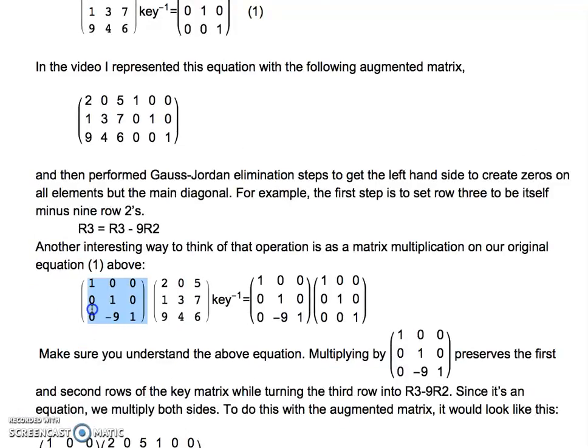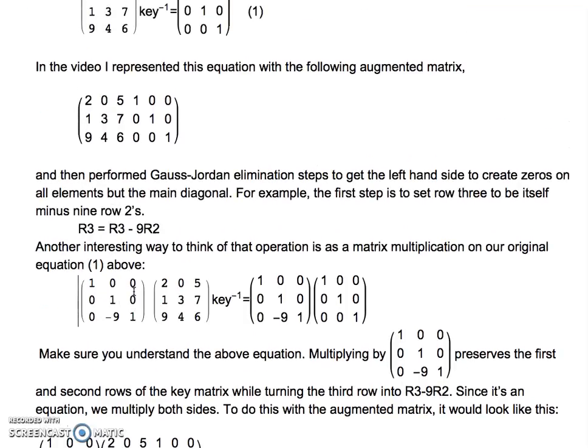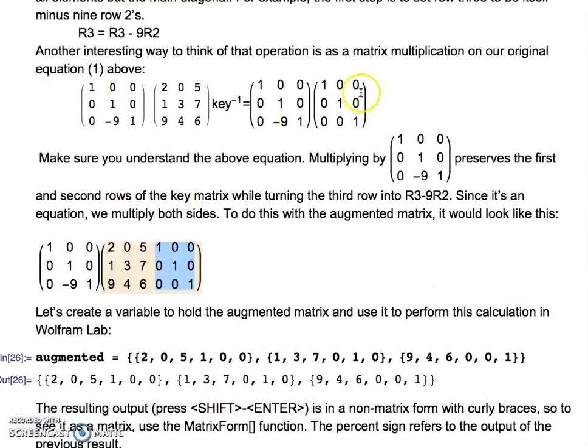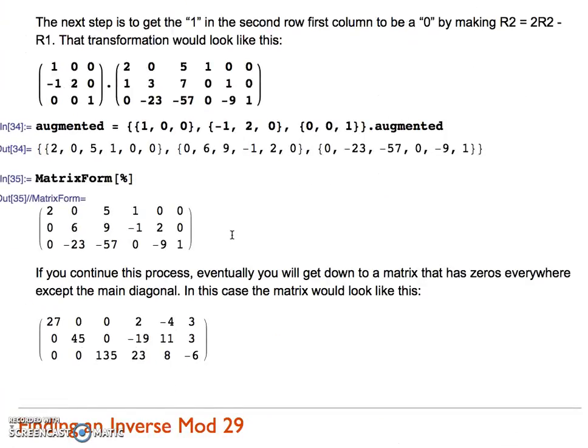On the left-hand side, we did this one, and then another one, and then another one, and eventually that produced for us finally the identity matrix here, and so the identity times the inverse must be the inverse, and so in the augmented matrix, what that means is that the right-hand side, which started out as the identity because of this, now ends up being the inverse that we are looking for.